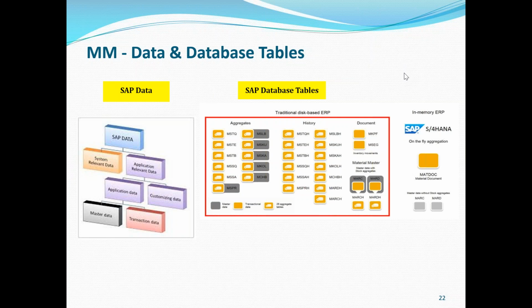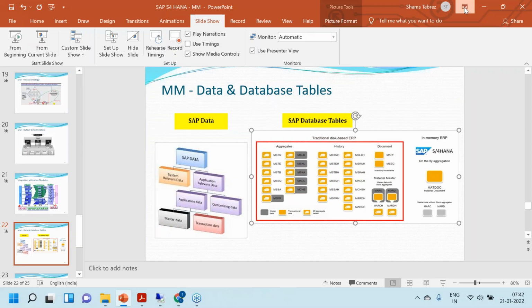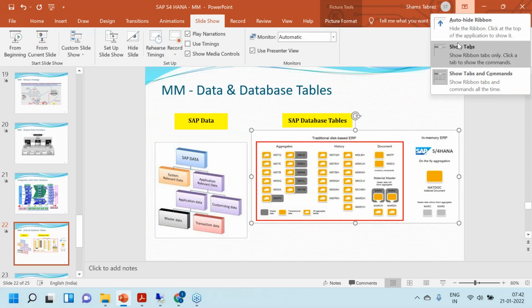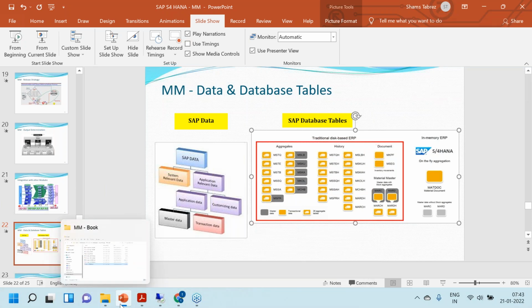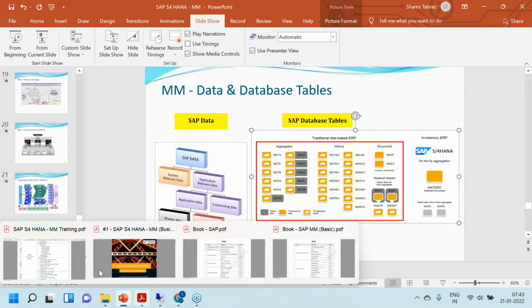You don't see significant changes in most of the things. And of course the Fiori app, which is another user interface which is available, is another change we can see here.